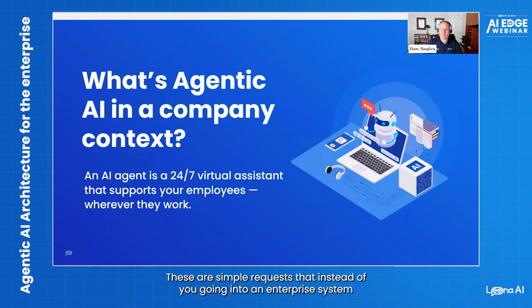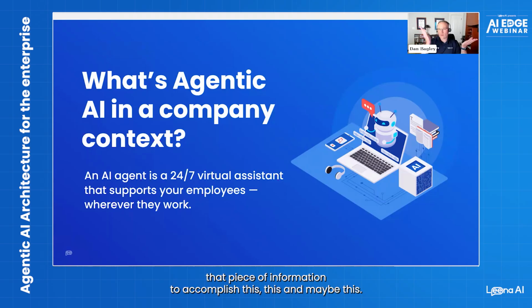These are simple requests that instead of you going into an enterprise system and performing them yourself, a tier one agent supports that request for you. As I think of the second tier and second degree of complexity of AI agents, this is where an AI agent is going to leverage multiple requests simultaneously. So fetch a piece of information from here, use that piece of information to accomplish this, and maybe this.